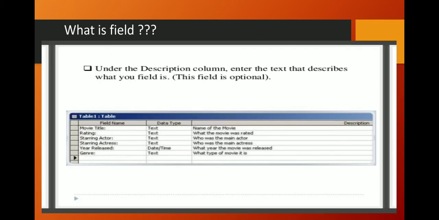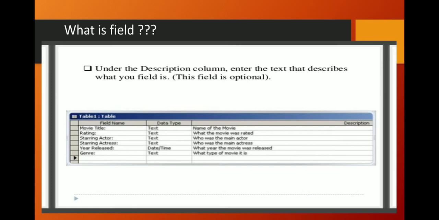Now we will see what is a field. Here you can see in the student information database there were roll number, name, father's name, address, telephone number, date of birth. Those were examples of fields. Now we will see the definition of field.